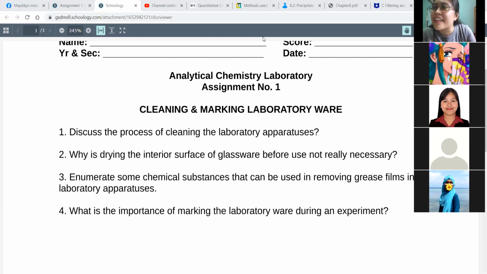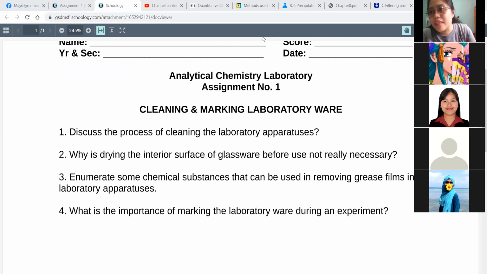Okay. Yes, that's correct. Aside from that, that is correct. Like with the pipette, we cannot really dry the insides of the pipette. So when we clean it, we use the same substance that we are going to use during the analysis. Like if you want to transfer or measure HCl using the pipette, you first rinse the pipette with the HCl.